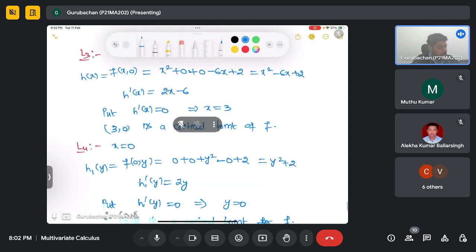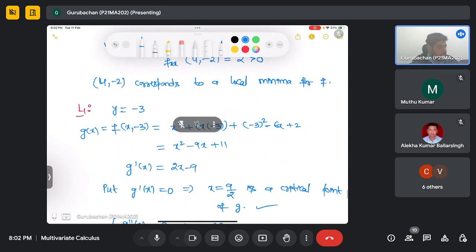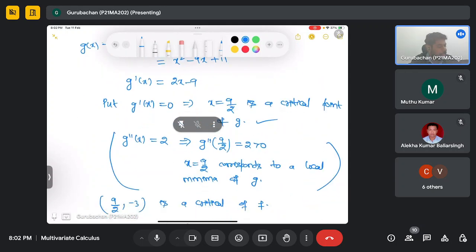I am again repeating that here I am calling this a critical point in the sense that it is a critical point of our single variable function, and we are checking the values at these points. We can also call it a boundary point. It's just in that sense that I am saying critical.